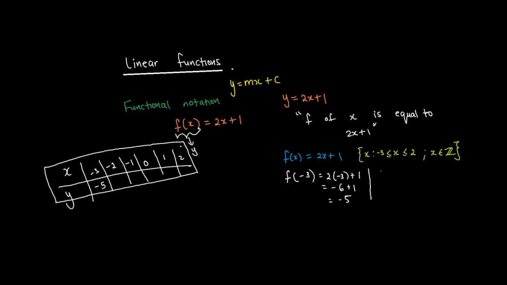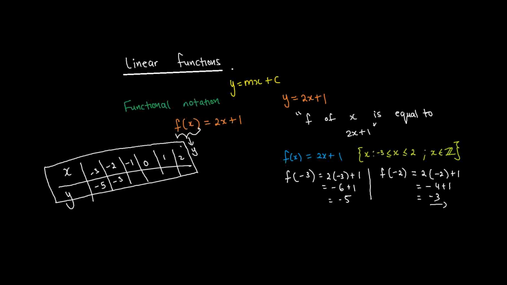We can do the same. When the x value is -2, what's the corresponding y value? So f of -2 is equal to 2, and I substitute -2 in the brackets. So that's -4 plus 1, which is equal to -3, right?